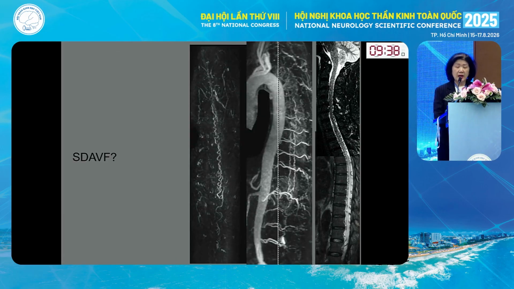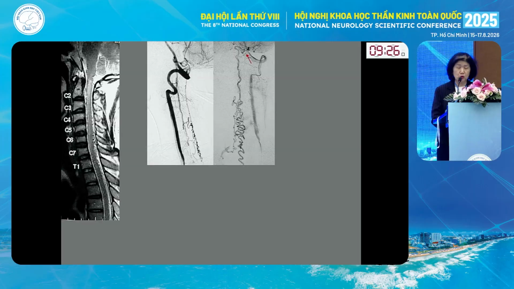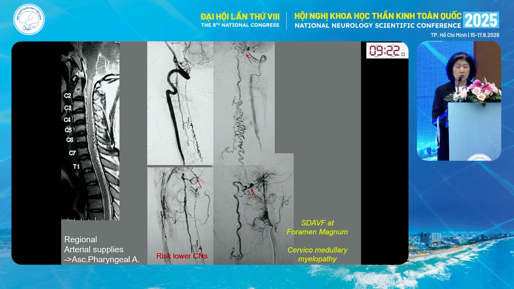This is again another strange MRA, but you see this arterialized pocket down there. This is an example of a focal epidural shunt that finally drains intradurally. This is again the foramen magnum level that I showed you. By doing the anatomy, you know that at the foramen magnum, you must inject the ascending pharyngeal and occipital artery.